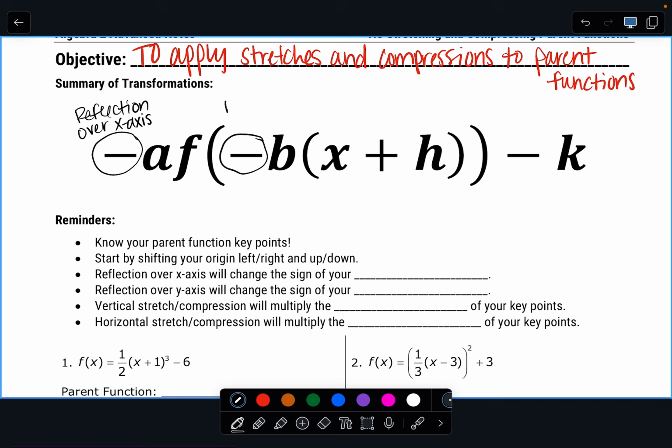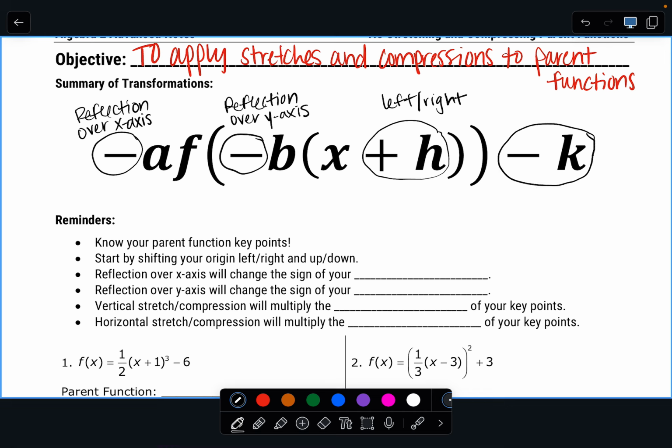This is a reflection over the y-axis. This plus h is how you move left, right. This minus k is how you move up, down. So those are the 4 transformations we learned in 1.2.